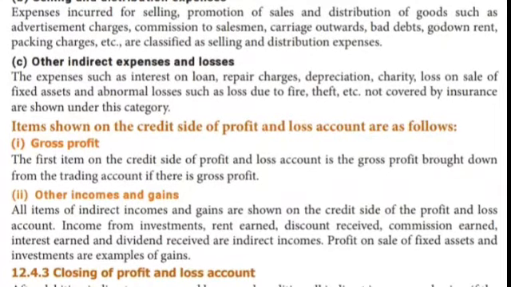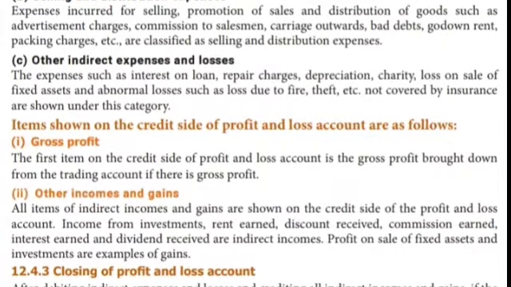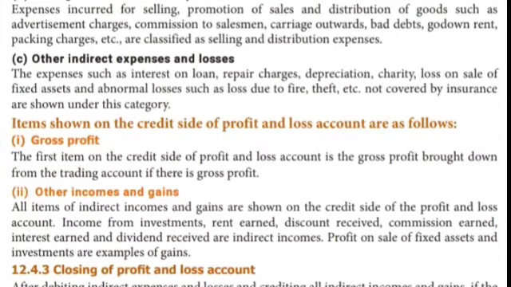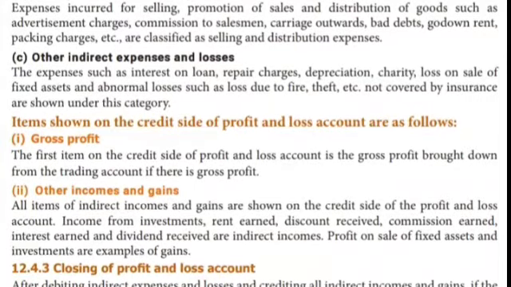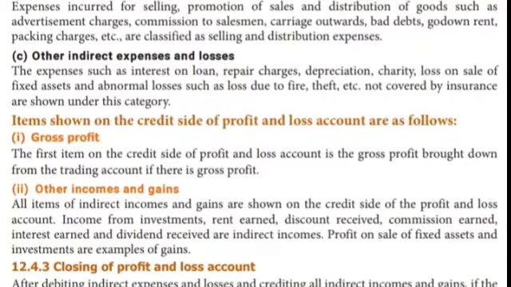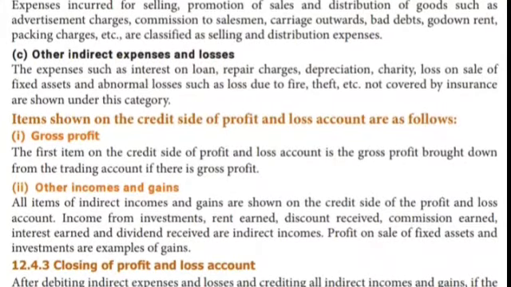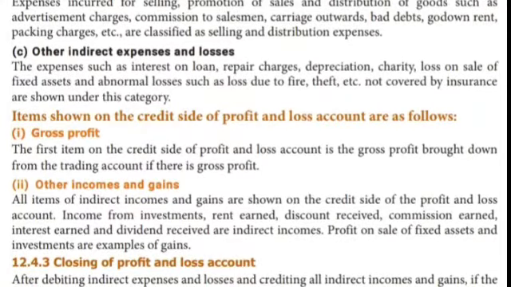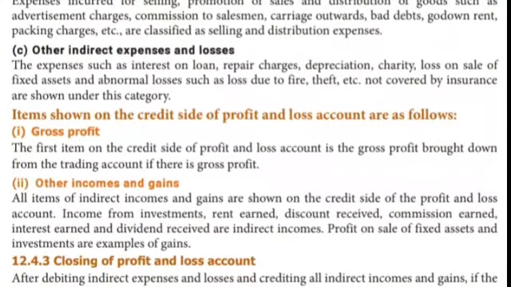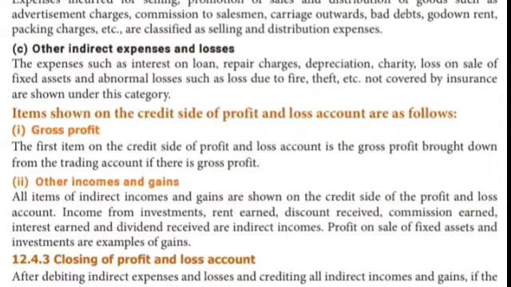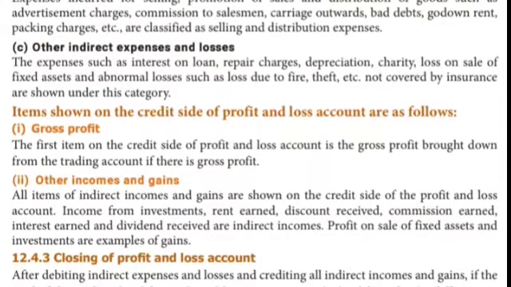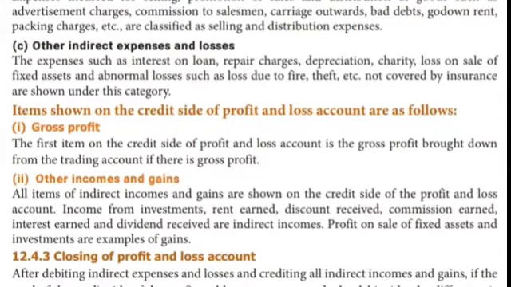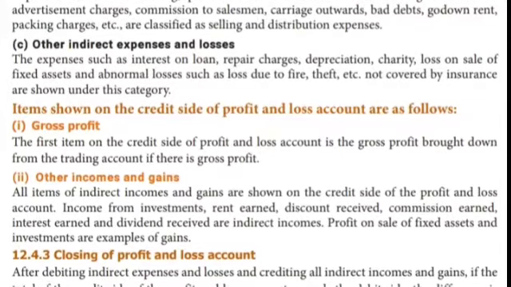If the total of the credit side of the profit and loss account exceeds the debit side, the difference is termed net profit. On the other hand, if the total of the debit side exceeds the credit side, the difference is termed net loss. Net profit and net loss are transferred to which account?